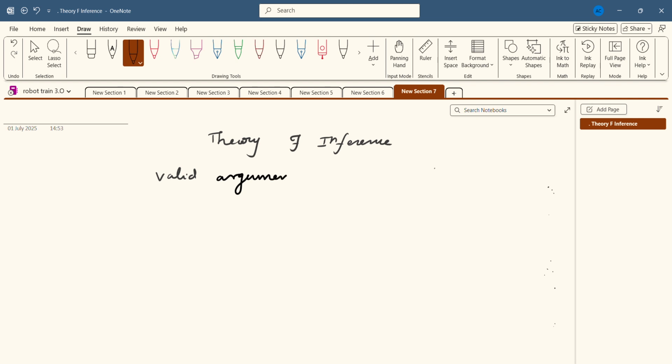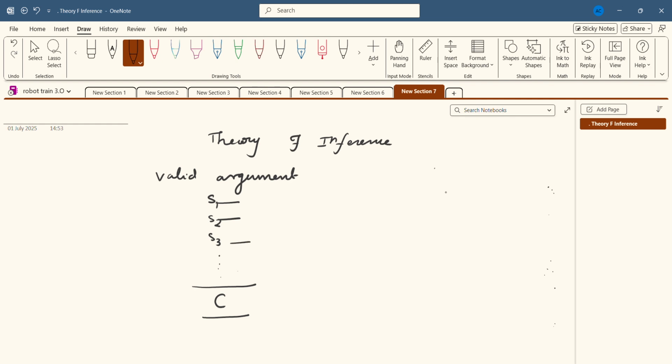Valid argument. An argument is a sequence of statements that ends with a conclusion. Argument means a sequence of statements. It can take the following form: S1, S2, S3 and so on, and finally we reach the conclusion.